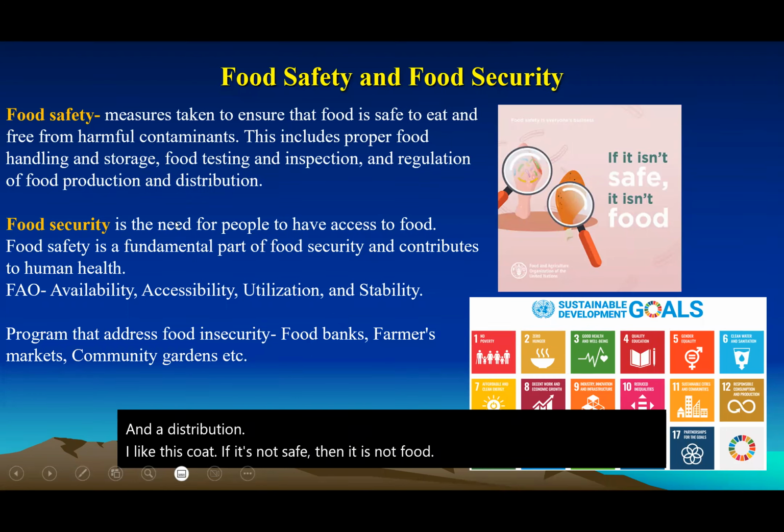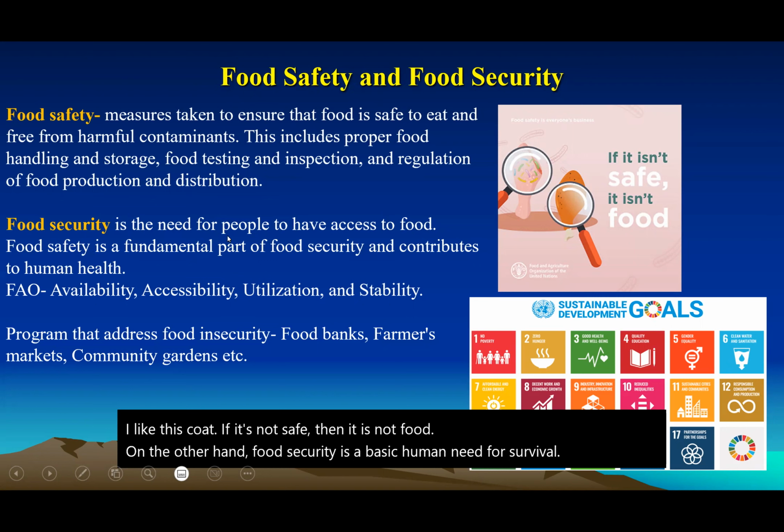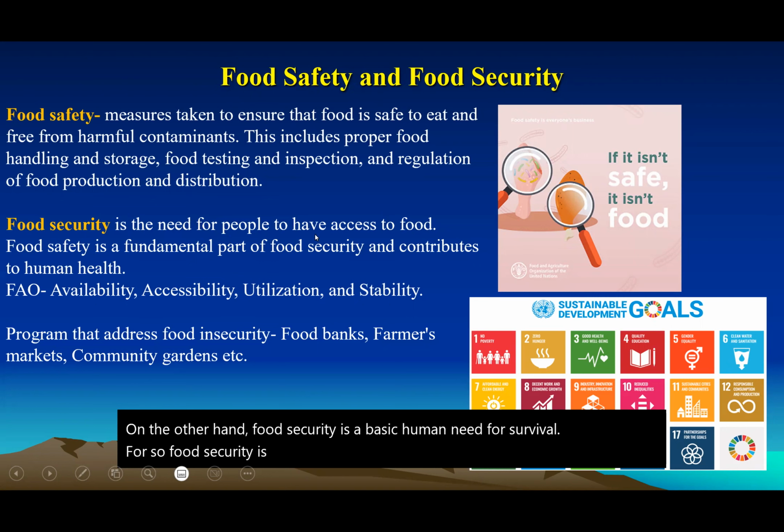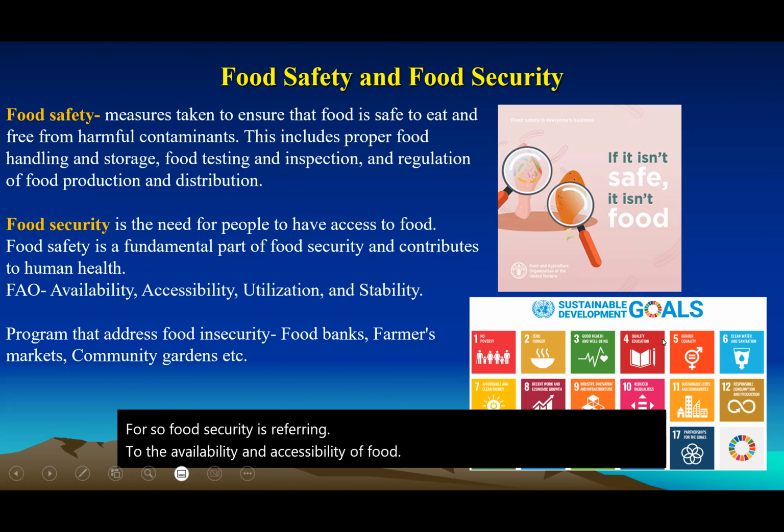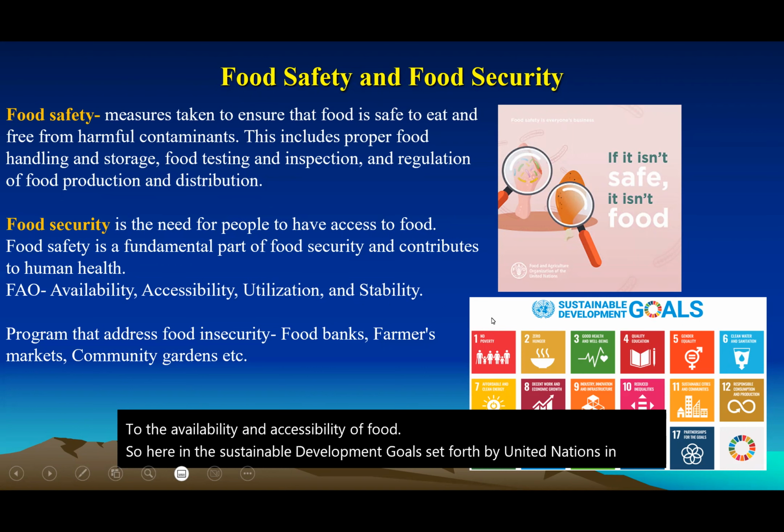On the other hand, food security is a basic human need for survival. So food security is referring to the availability and accessibility of food. Here in the Sustainable Development Goals set forth by the United Nations in 2015, it's top on the list.